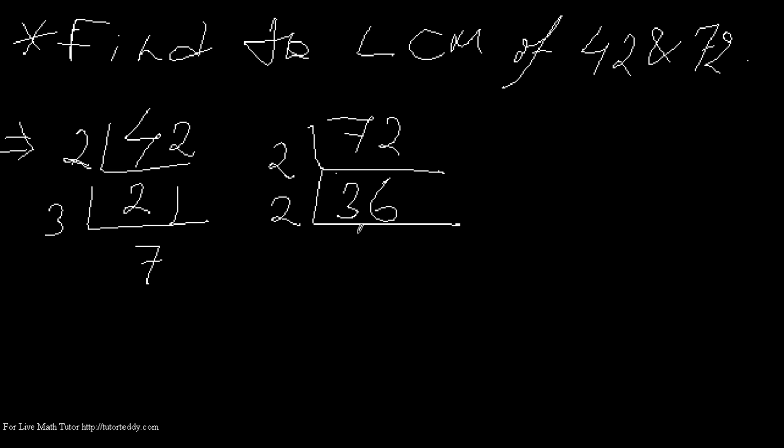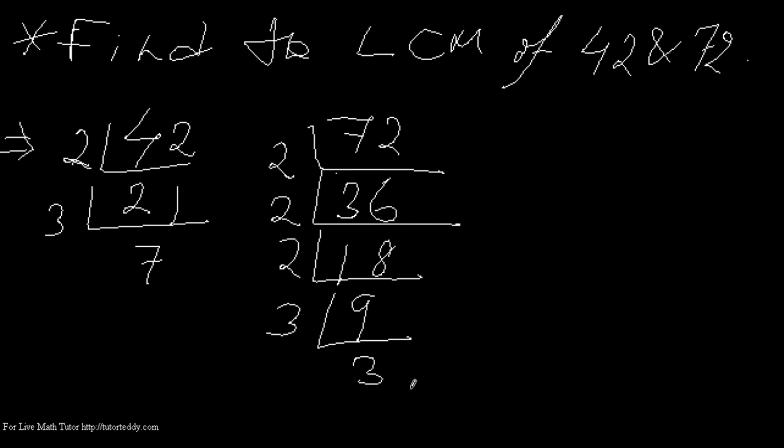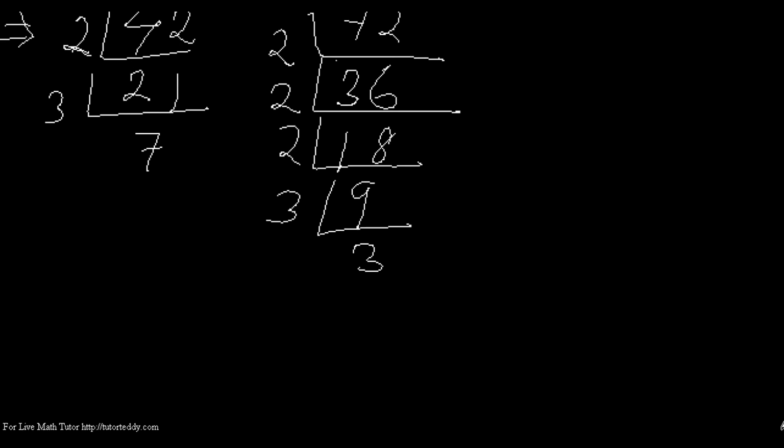Then again with 2, it will be 2 1s are 2, 8 2s are 16, again 2 9s are 18, then 3 3s are 9. So I have got the factors.